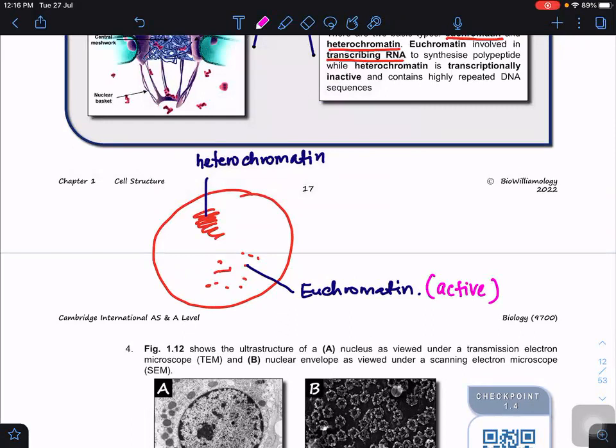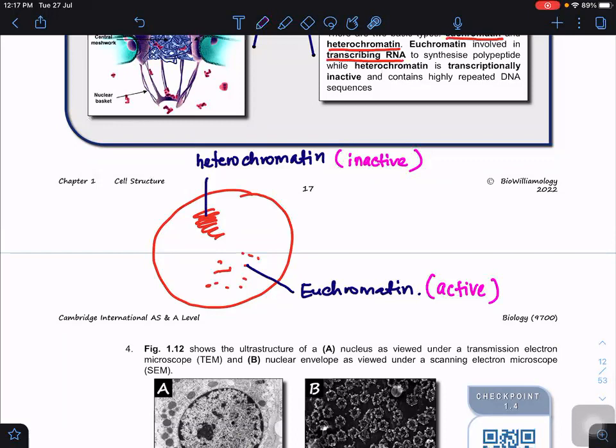So we always use them, so we don't pack them in a box or tightly. Heterochromatin is inactive. We will learn this in more detail when we come to DNA, how we use the DNA to code for polypeptides, in your next semester.